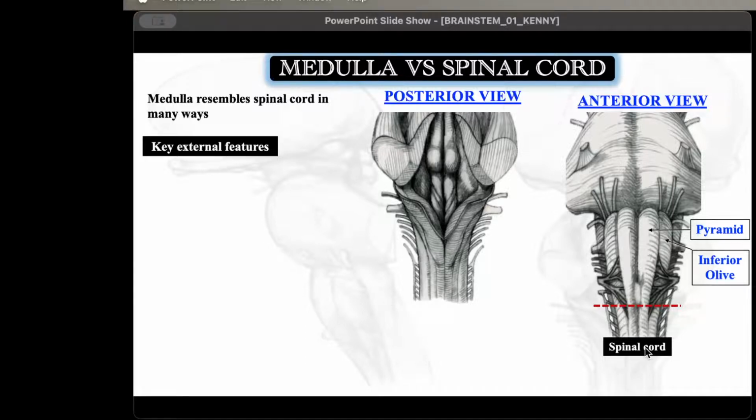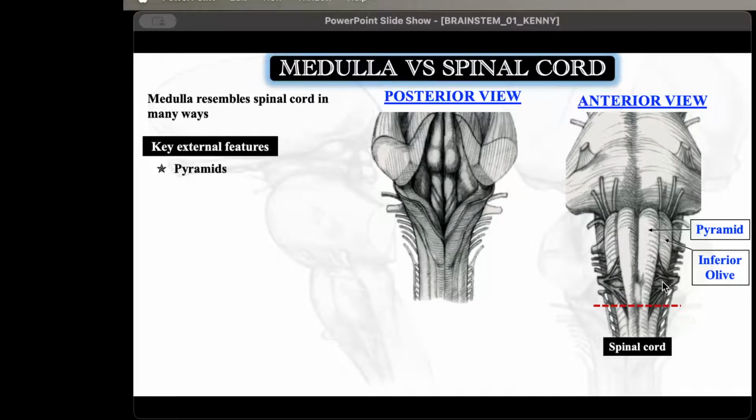The pyramid is not seen on the spinal cord, so the pyramid is limited to the medulla. Number two is the inferior olive. The inferior olive is also limited to the medulla, but it's not found throughout the medulla, meaning it is limited to the proximal portion, or the rostral end, of the medulla.